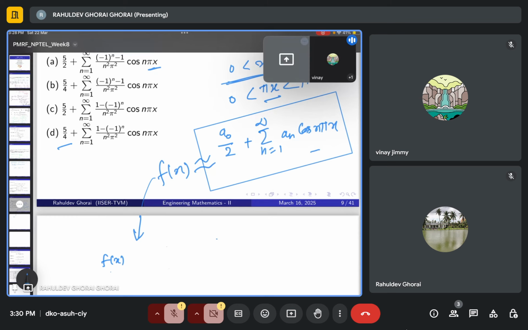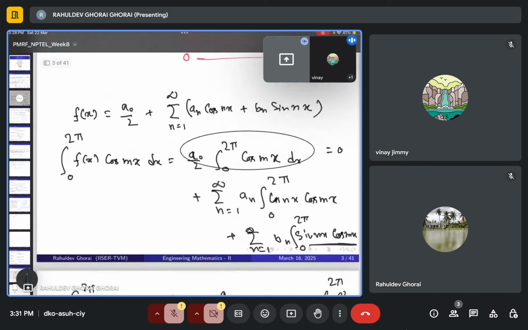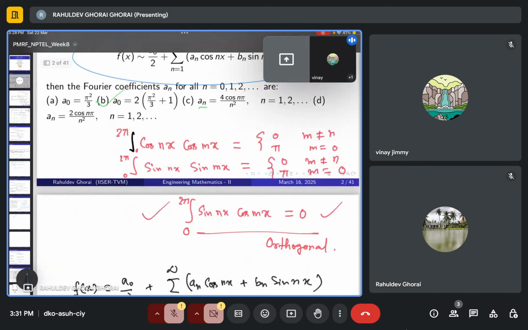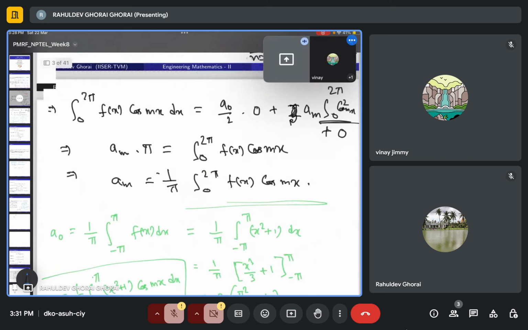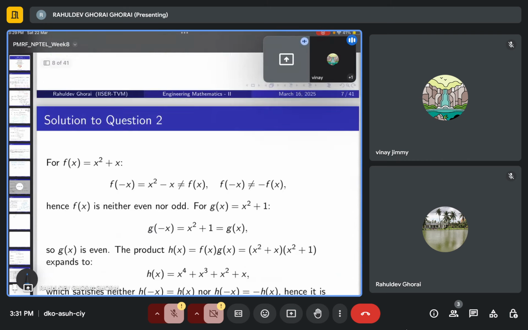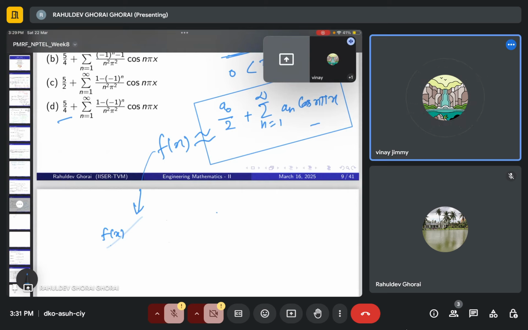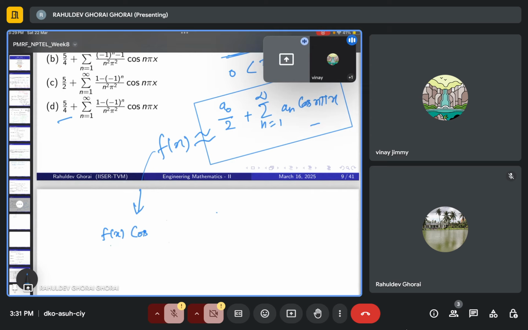I showed that already. I think you were not in this class from the beginning, but you can check later. Using this formula, one can show that by multiplying by a cos or sine function, you can evaluate the coefficients, a naught.